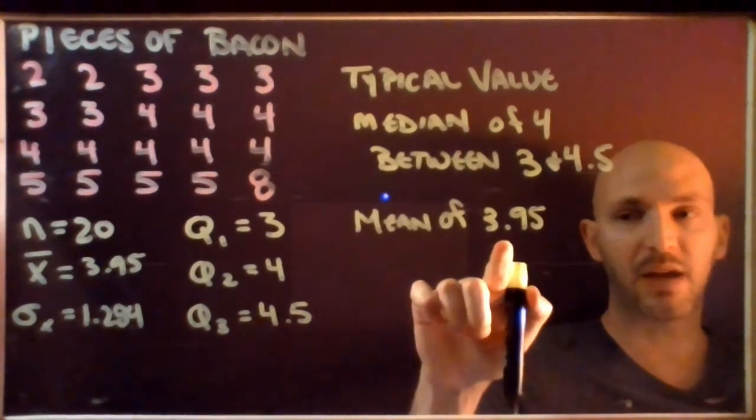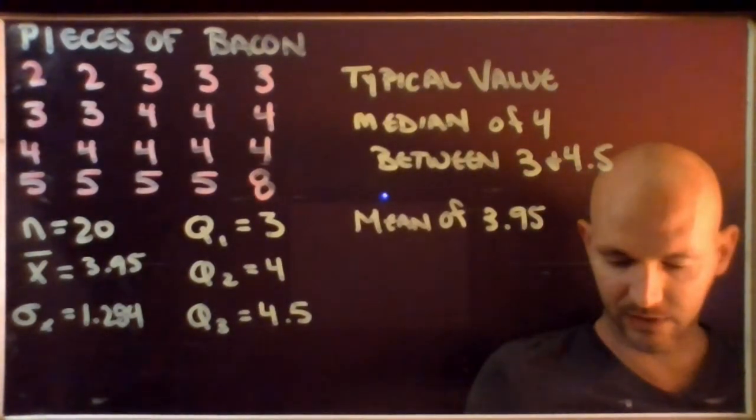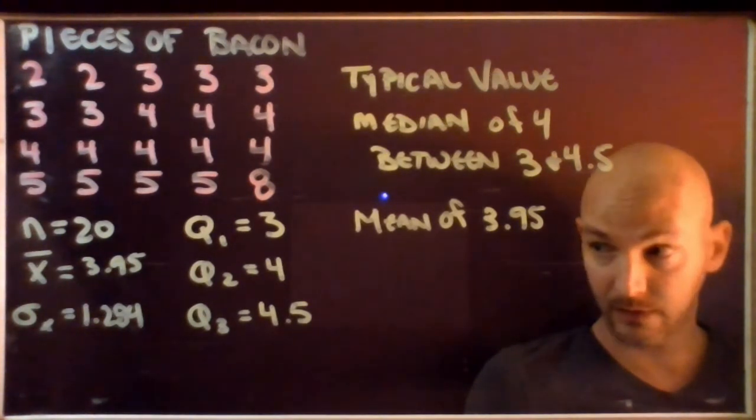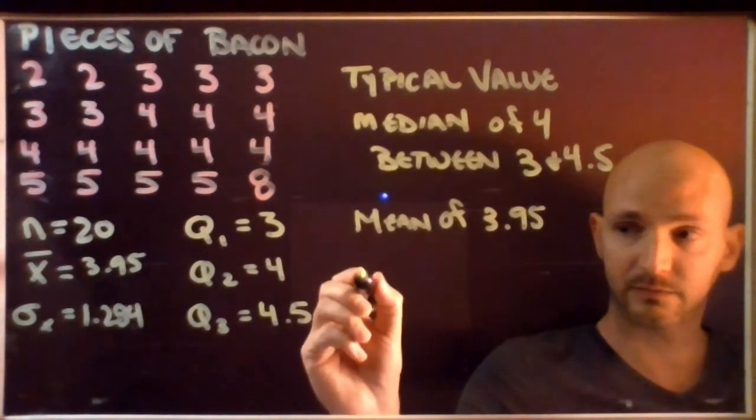So if I take my mean of 3.95 and I subtract one standard deviation, 1.284, I get 2.666.